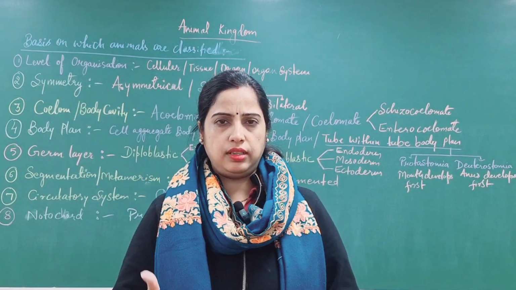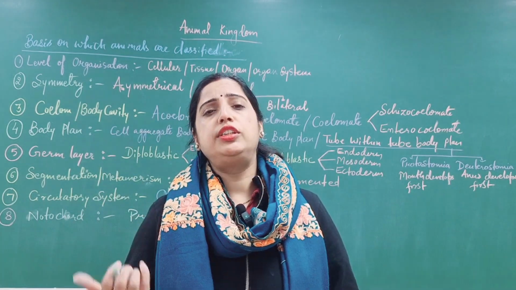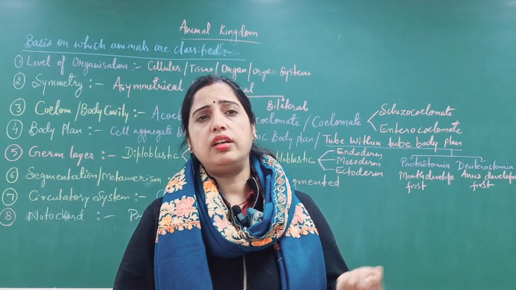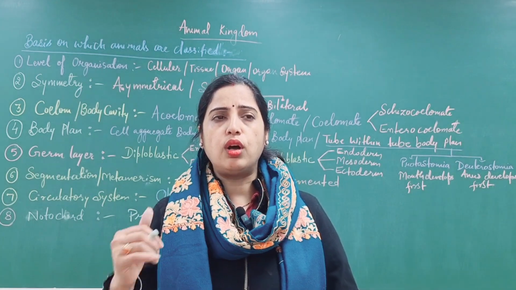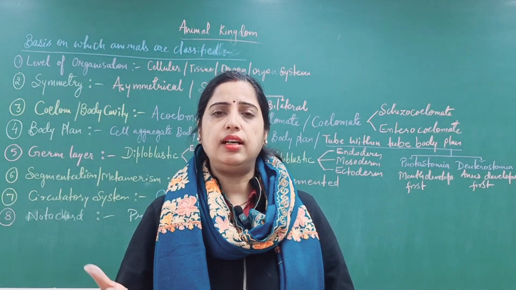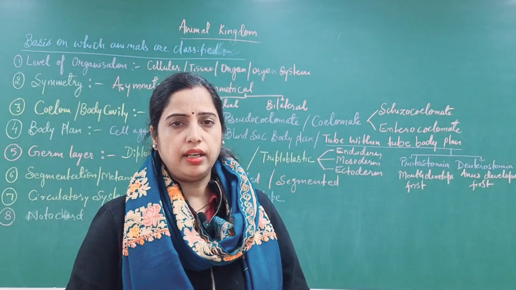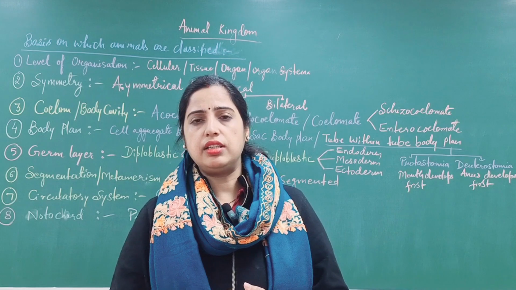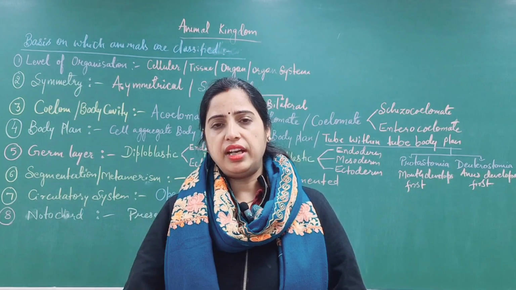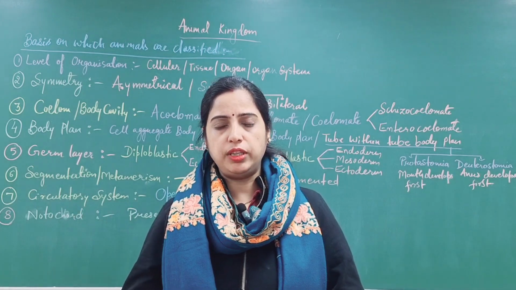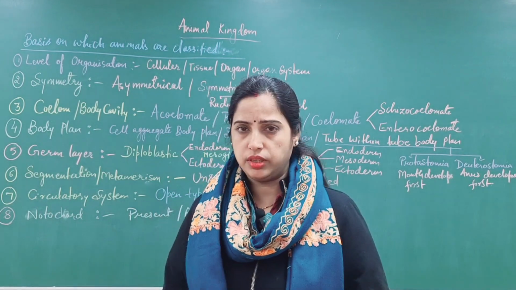Actually, this is one of the bases. Now, when we study chordata, all the vertebrates are chordates, but not all chordates are vertebrates. During embryonic development, there are the nerve cord and the notochord, which will later be replaced by the vertebral column. Then they become vertebrates, and in some of them it is not replaced. Chordates will be classified into vertebrates. That's why we say that vertebrates are chordates, but all chordates are not vertebrates.